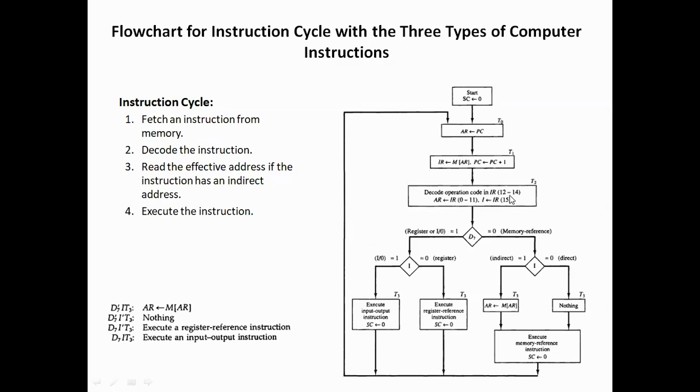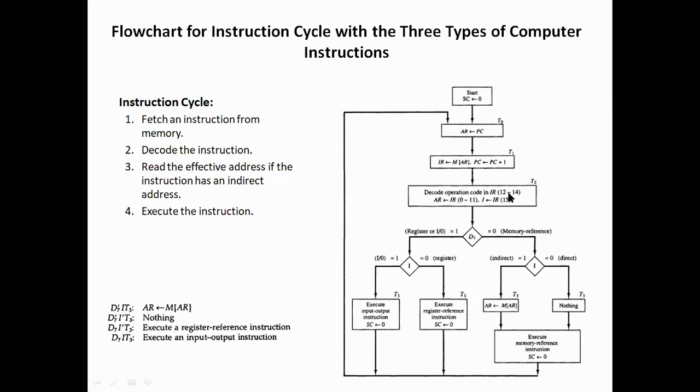So that means we have to take the 3 bits, 12, 13 and 14 of the IR, because the instruction is currently in IR, and we have to decode them. Decode means we put them in a decoder. So when you put 3 bits in a decoder, the decoder will have an output of 8. So it will be a 3 cross 8 decoder. So the decoder will have 8 outputs, D0, D1, D2 up to D7.